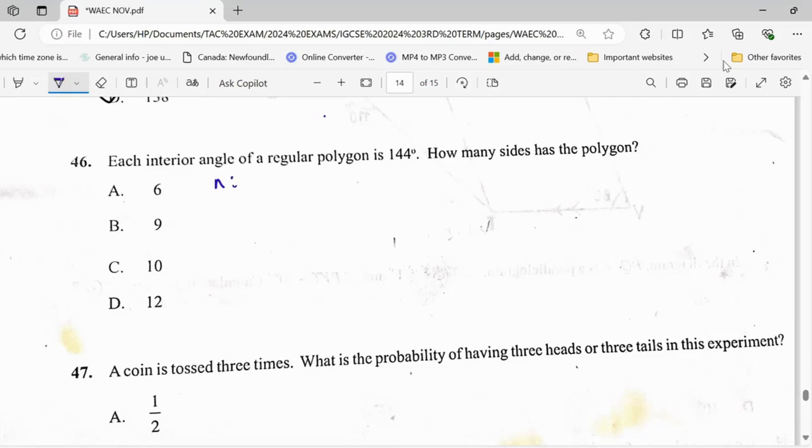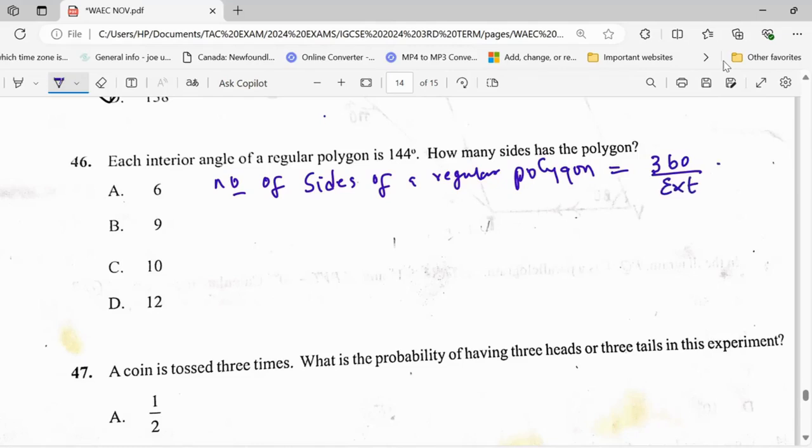Now, the number of sides of a regular polygon is given as 360 over each exterior angle. We also need to know that exterior angle plus interior angle will add up to 180 degrees.